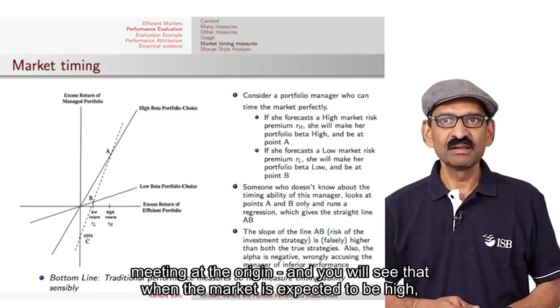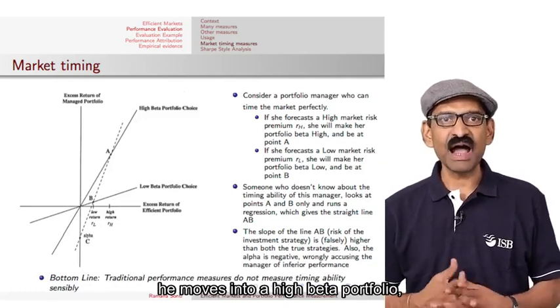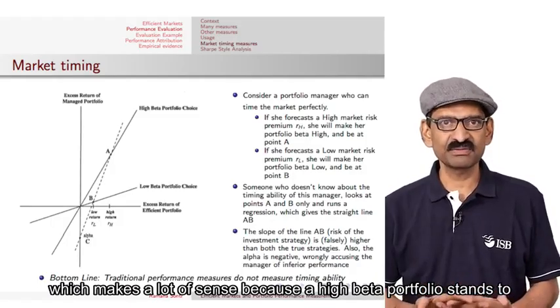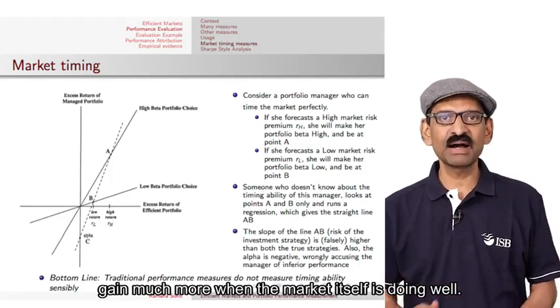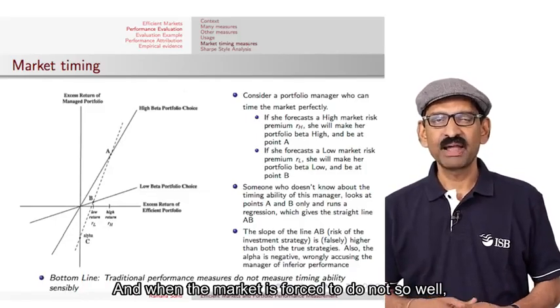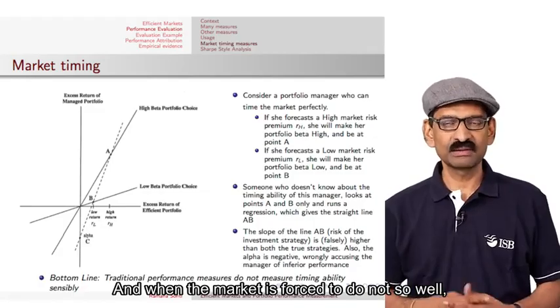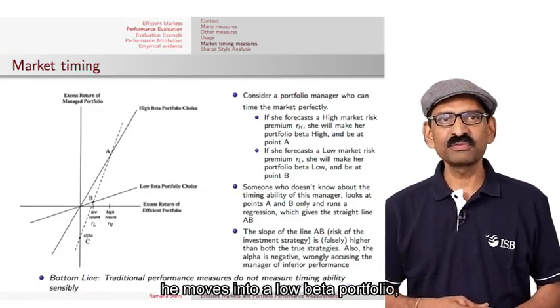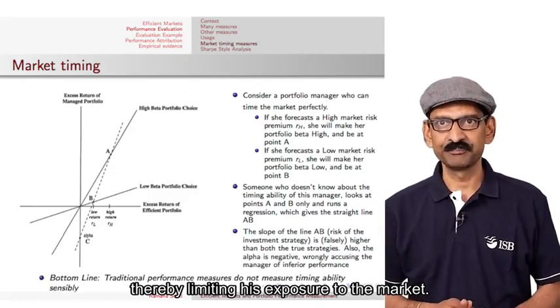And you will see that when the market is expected to be high, he moves into a high beta portfolio, which makes a lot of sense because the high beta portfolio stands to gain much more when the market itself is doing well. And when the market is forecast to do not so well, that is a low state, he moves into a low beta portfolio, thereby limiting his exposure to the market.